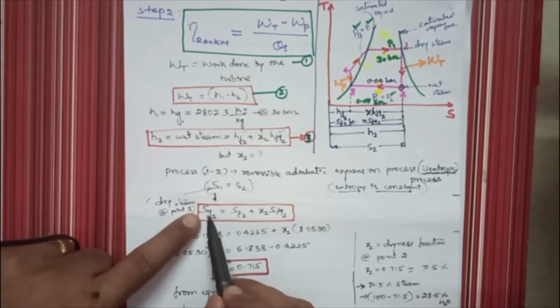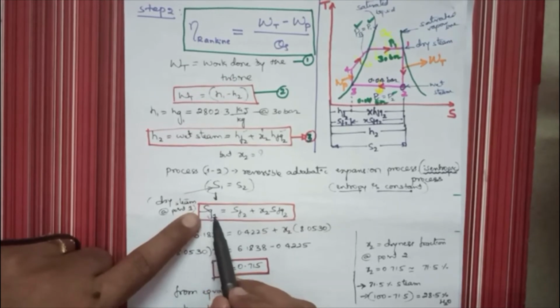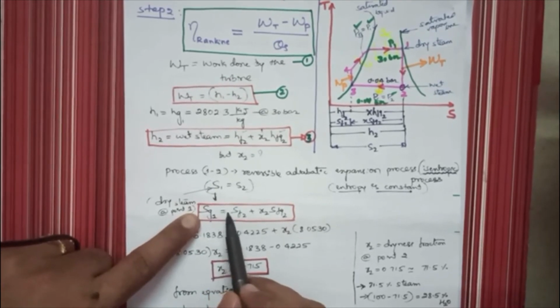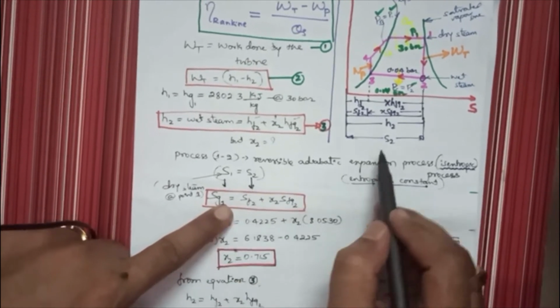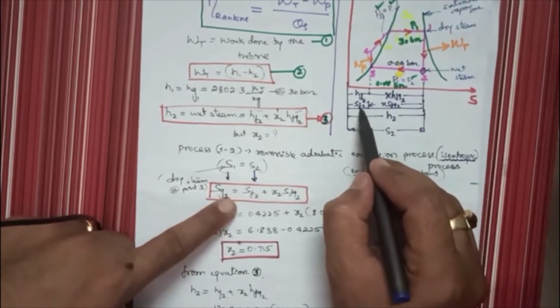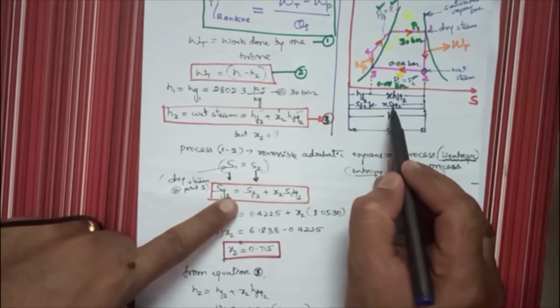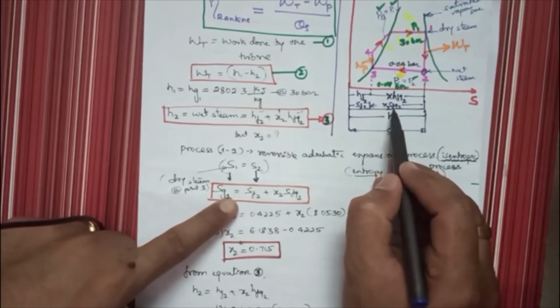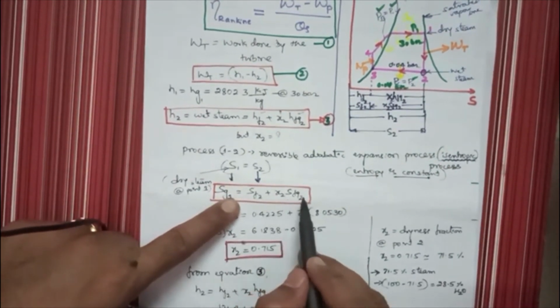It is purely gas at point number 1. S1, entropy at first pressure or point number 1, is equal to, what is S2? Similarly S2 is equal to SF2 plus X into SFG2. Here X means X2. So X2 SFG2.